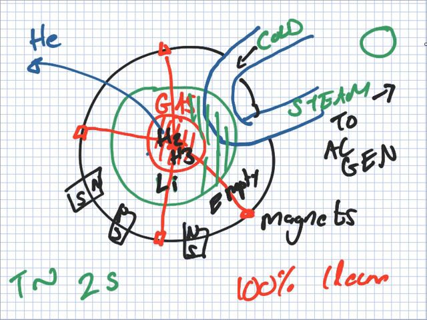I believe Japan and the EU are working on building a prototype, a practice power plant that uses this process. So in the future, what they imagine is this power plant will be beside, say, a green power plant.